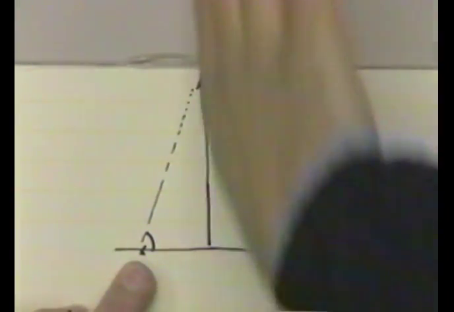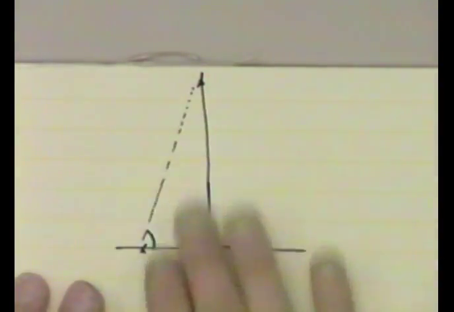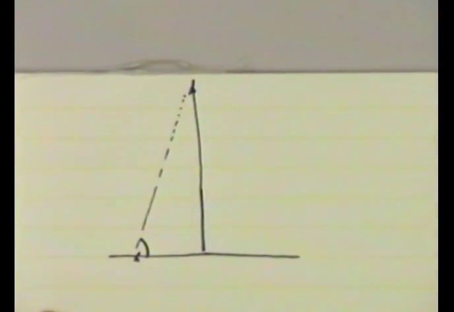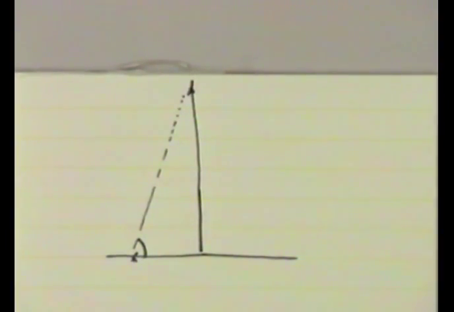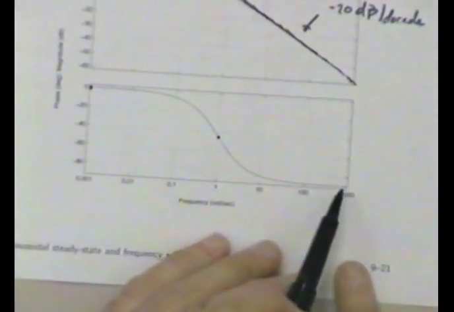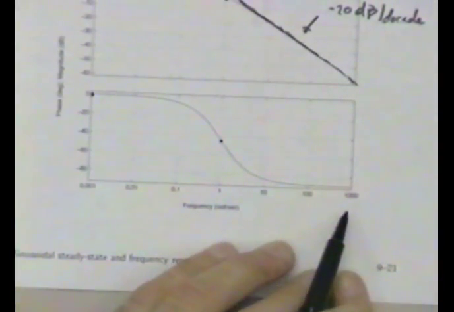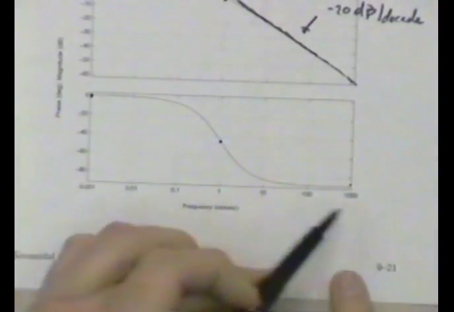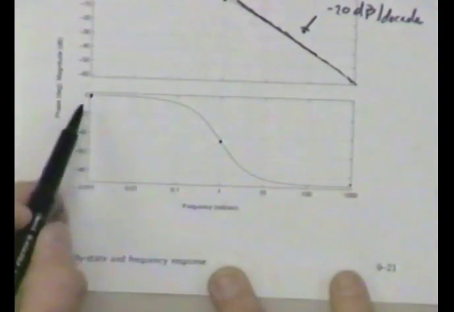The farther away we move along this line, this angle approaches 90 degrees asymptotically. So this explains why the phase response goes to minus 90 degrees really far away.